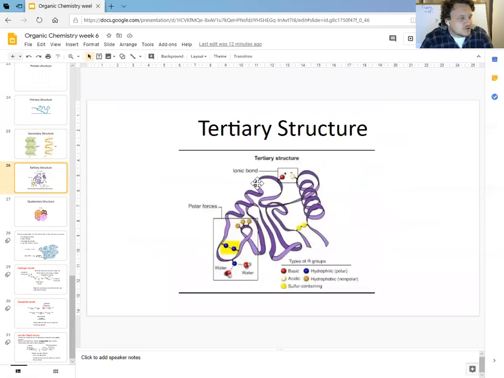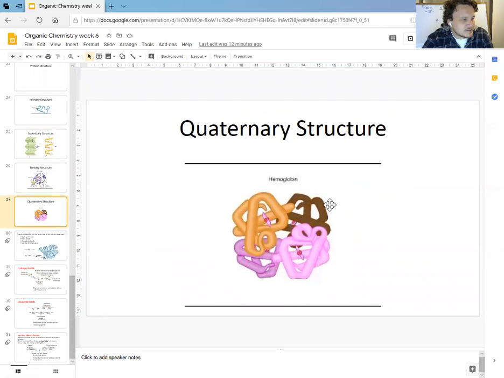You have the tertiary structure, where you get ionic bonds between negatively and positively charged, and you also get more hydrogen bonding and disulfide bonding. And it eventually creates this, which is hemoglobin. And these are where the oxygen and CO2 attach to be transported.